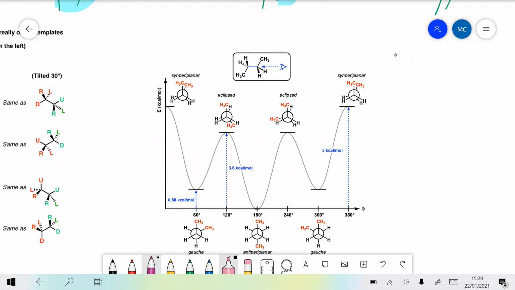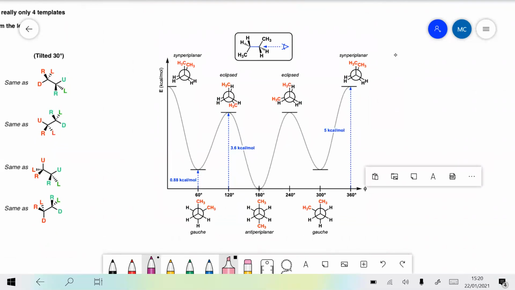Then once you rotate, I think it's 60 degrees. Let's see, 0, 60, 120, 180, yes, 60 degrees. It's written at the bottom. Once you rotate 60 degrees, you are going to enter a gauche form. So the gauche form is a lower energy form, where they are not perfectly opposite each other. They are not perfectly staggered, okay?